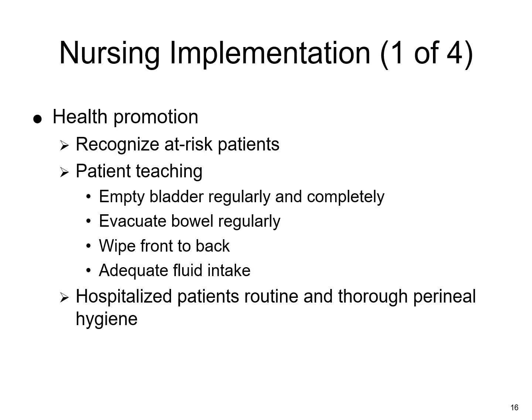You are recognizing at-risk patients and doing your patient teaching. It's all about emptying the bladder regularly and completely, evacuating the bowels regularly, wiping from front to back, adequate fluid intake, and then if the patient needs to be hospitalized, making sure they're getting all the treatment that they need, right?